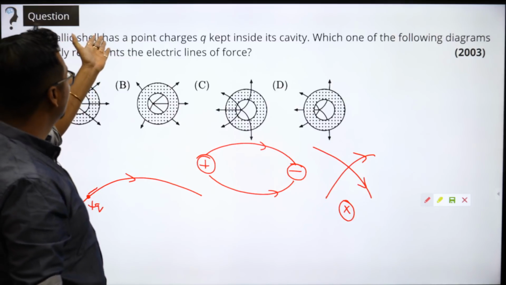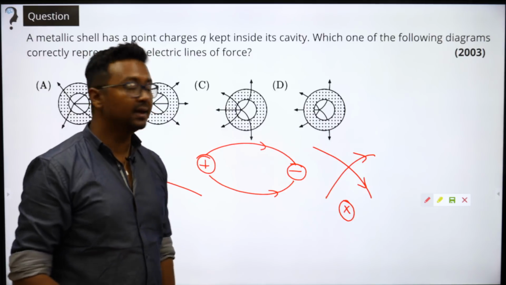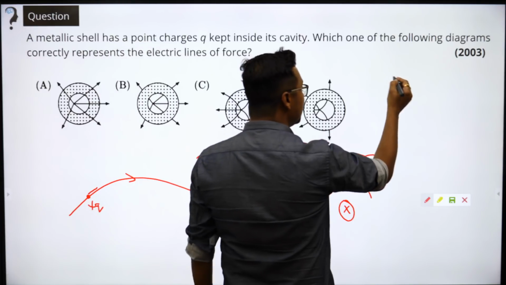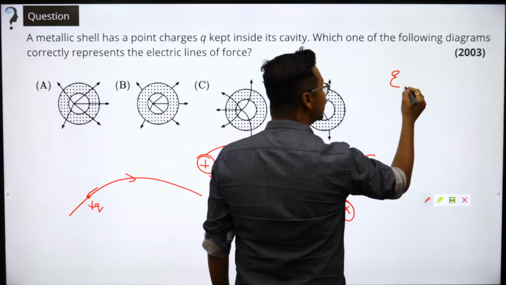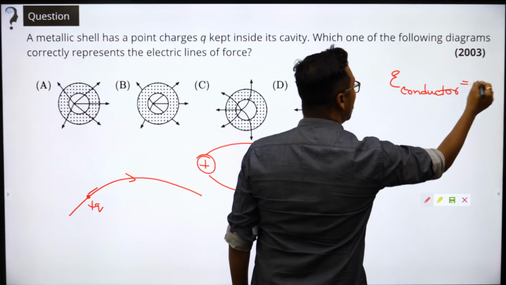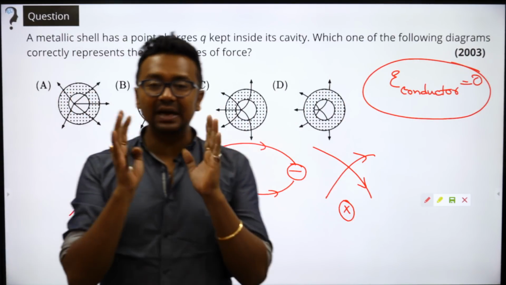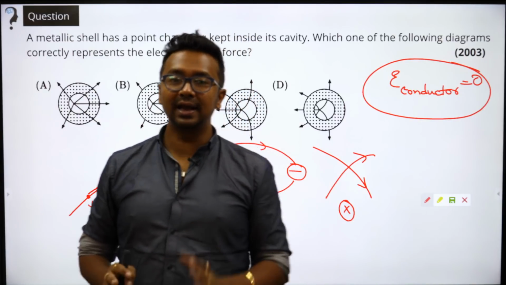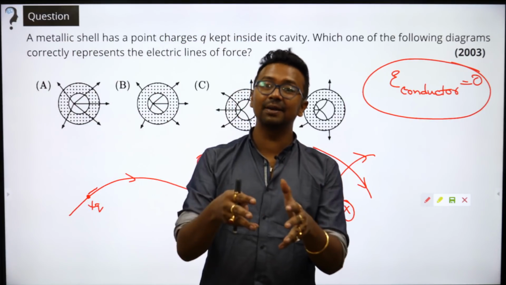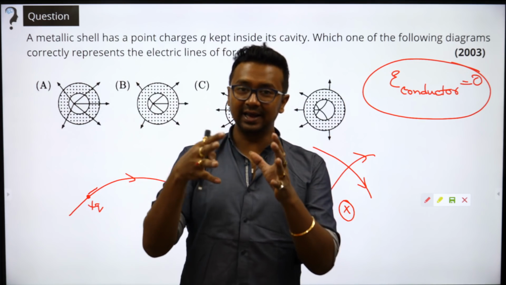Okay, chalo, now out here they have asked us, I have got a metallic shell wherein a plus q charge is inside the cavity. ठीक है, remember another important point is electric field inside a conductor is always equal to 0. इलेक्ट्रिक फील्ड कभी भी कंडक्टर के अंदर नहीं होता है. ठीक है, जैसे बारिश होती है तो बोलते हैं कि गाड़ी के अंदर बैठो, गाड़ी से बाहर मत जाओ. लाइटनिंग, थंडर लाइटनिंग होती है ना, गाड़ी के अंदर रहो.